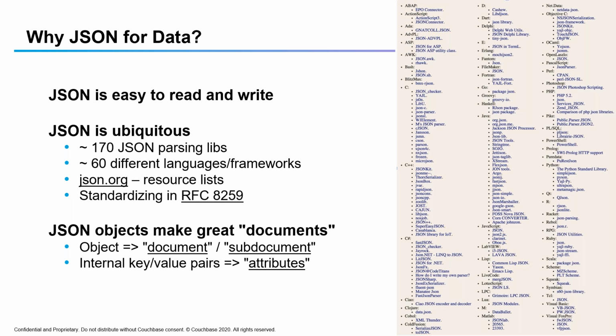JSON is supported by nearly every major language and platform on Earth. I mean, arguably, it's the de facto language of modern services on the internet. Even if your database doesn't support JSON, your application and application services are likely speaking JSON.